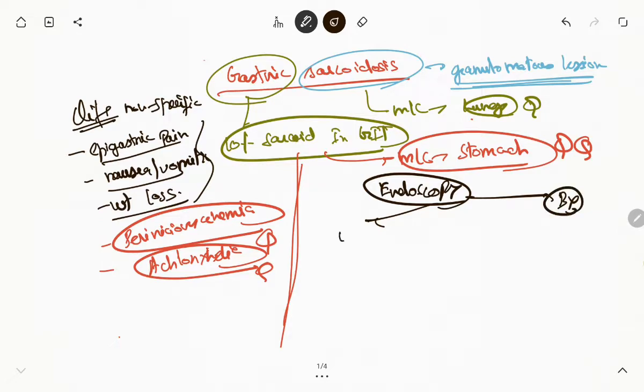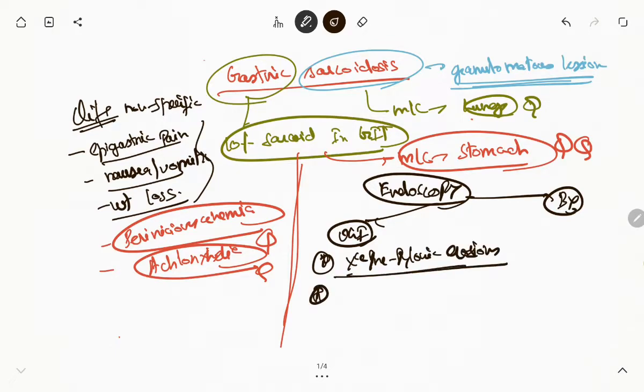For supporting, you look at the upper GI findings, the macroscopic findings, in which you find multiple pre-pyloric erosions with some regions of normal mucosa also present. That is due to microscopic granuloma.